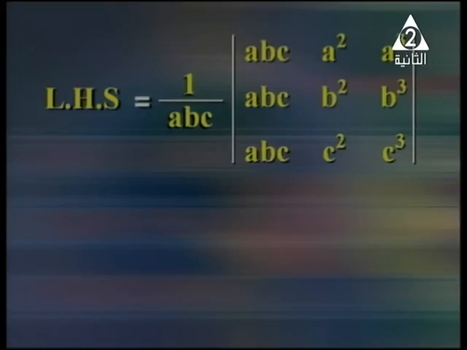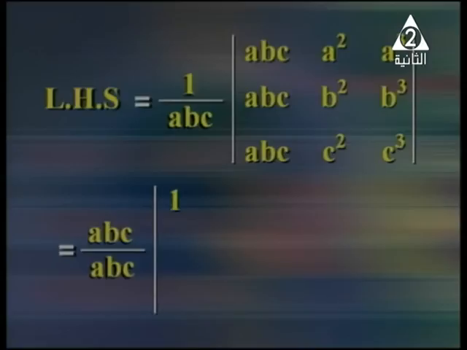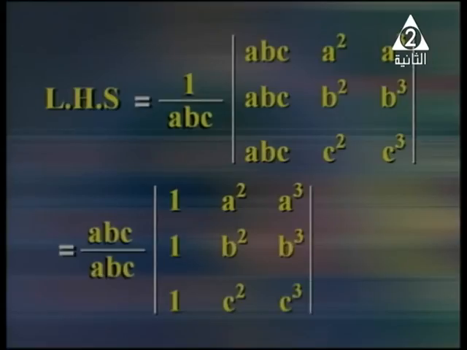Then we take ABC as the highest common factor from the first column. ABC over ABC multiplied by the determinant with 1, 1, 1 in the first column, A squared, B squared, C squared in the second column, A3, B3, C3 in the third.